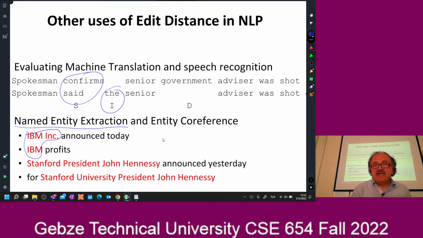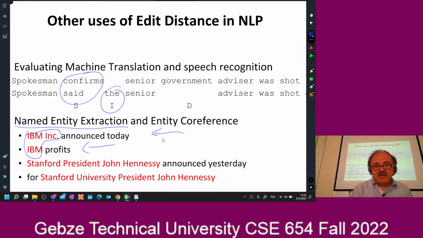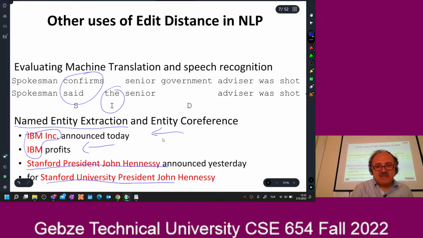Maybe you're going to say, okay, both of them are the same. So if this is my ground truth, if I am extracting this, then I am kind of okay. Or the Stanford University John, Stanford University President John, they are the same entities. That's what I am trying to say.